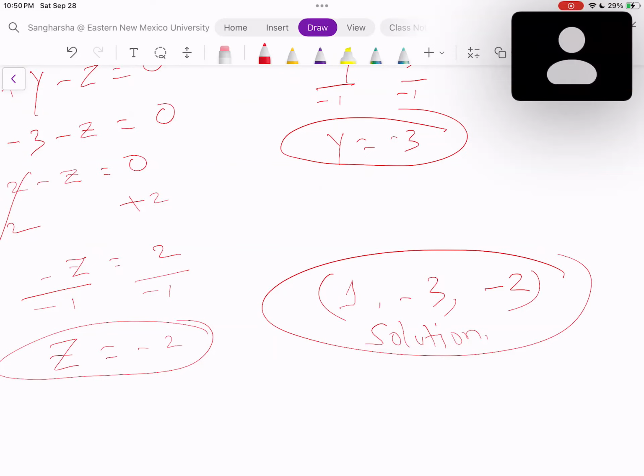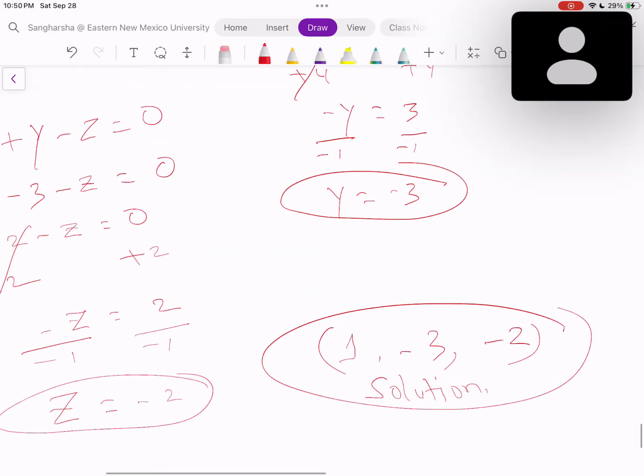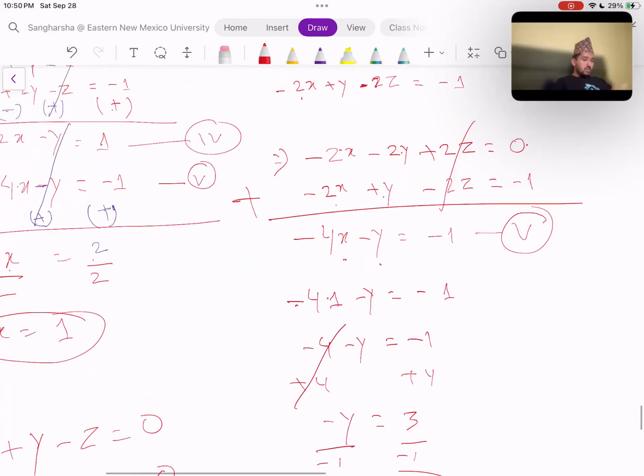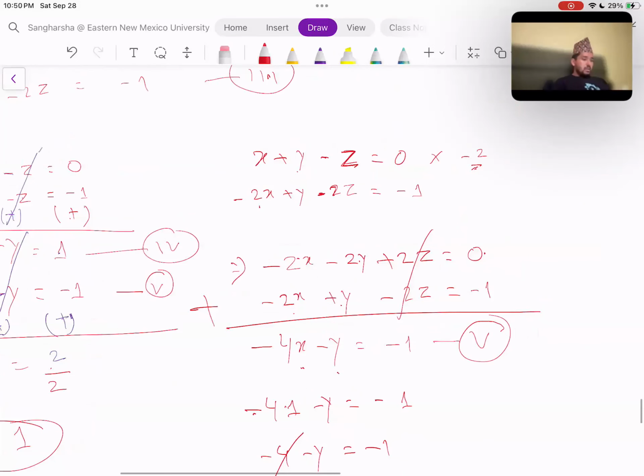Would subtracting be the same as multiplying by a positive one or a negative one? Now, it depends. It's not that you always use 1 or negative 1. It depends on what kind of equation is given to you. Your target is eliminating the variable. Eliminating means you try to have coefficients with the opposite sign.